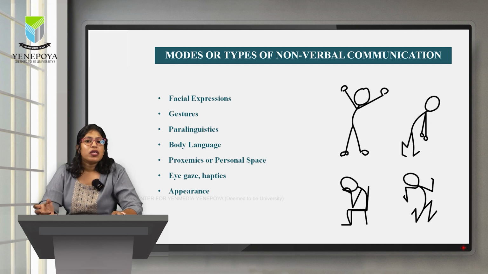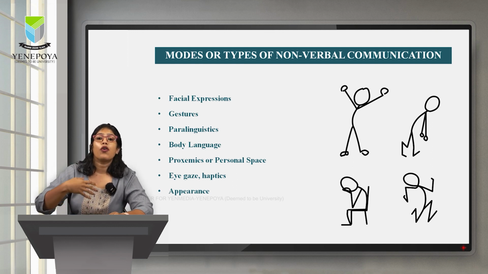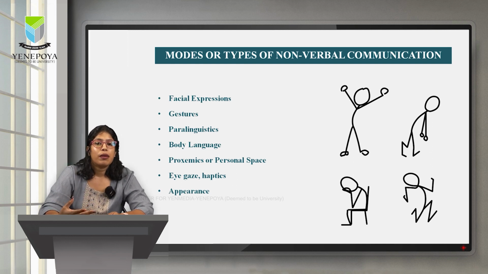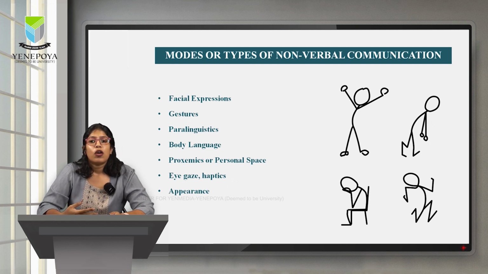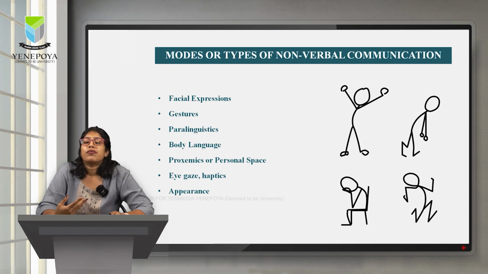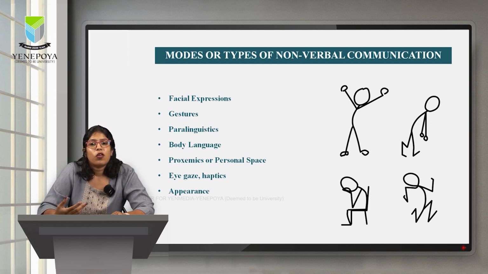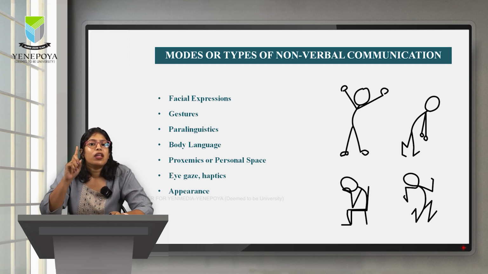Appearance. Now appearance can mean anything. How you present yourself to that person when you are communicating with them, right? Only if you're presentable will a person feel like coming and speaking to you. But if a person isn't, then obviously there is something wrong with the appearance. Now I don't mean attractiveness, please don't get confused with that.